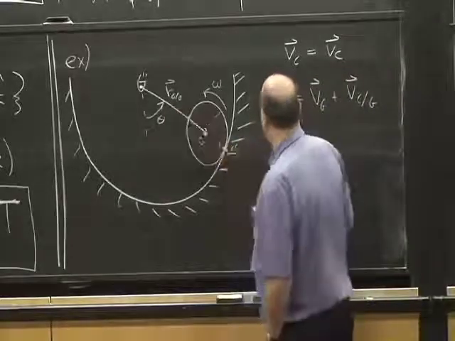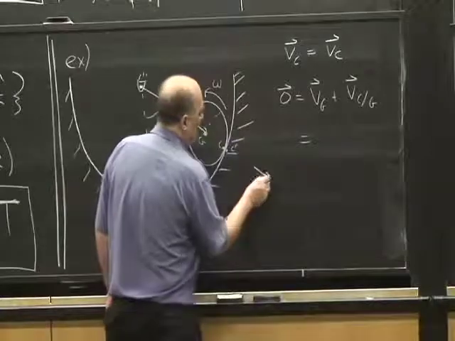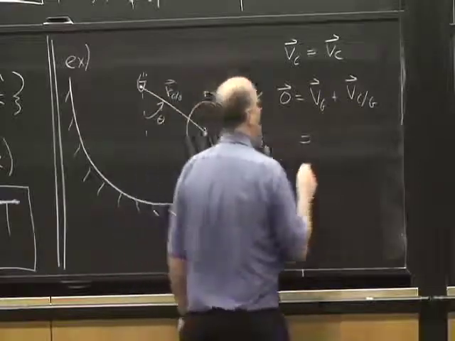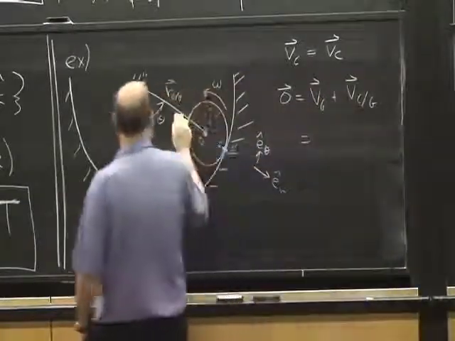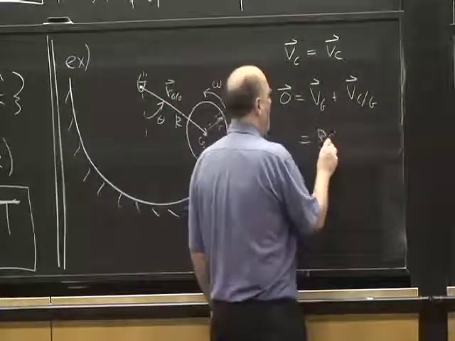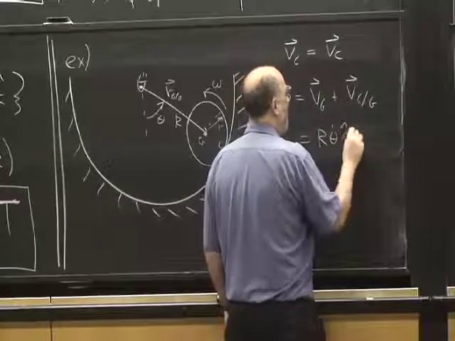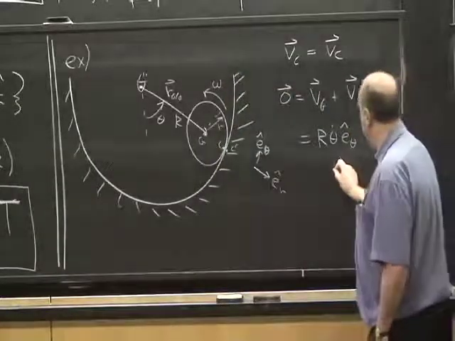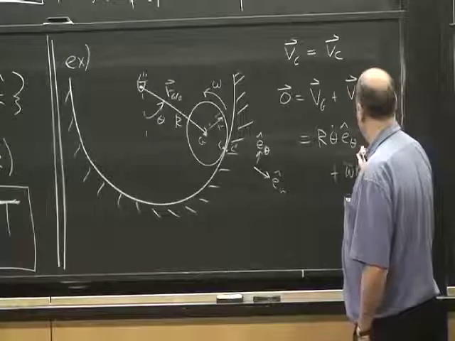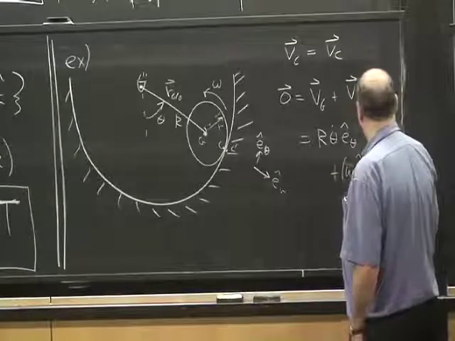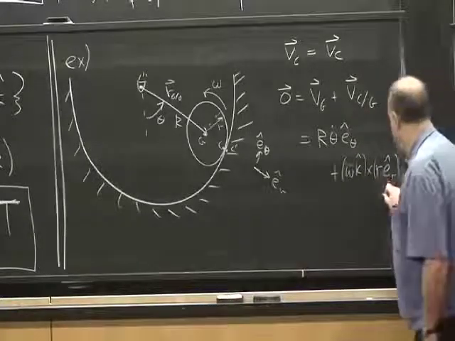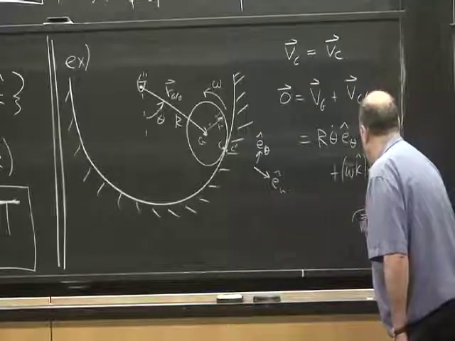If we take polar coordinates here and call this e_r and this e_theta, and call this big radius R and the little radius little r, it's given by (R minus r) theta dot e_theta, whereas the velocity of C with respect to G is equal to omega of that object, which is omega k, crossed with r times e_r.